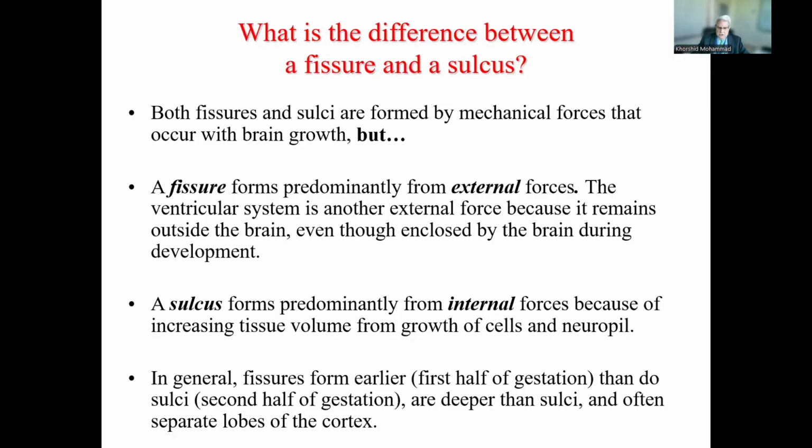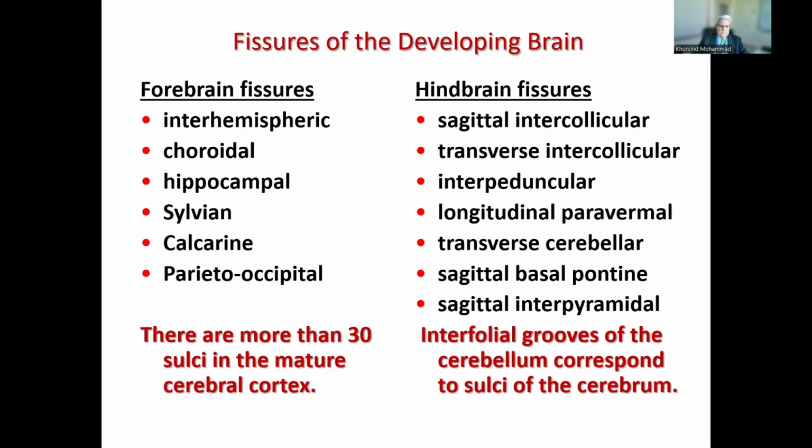In general, fissures form earlier than do sulci during the first half of gestation, and sulci occur later. And fissures also are usually deeper than sulci and often separate different lobes of the cerebral cortex.